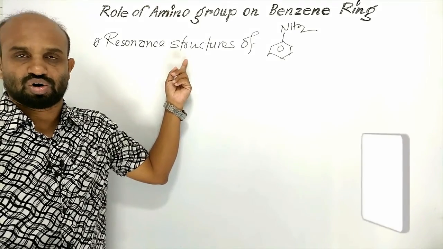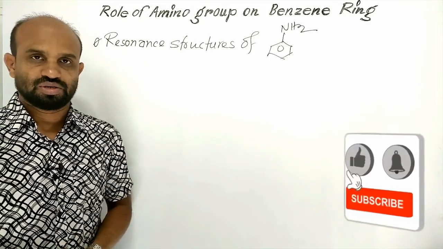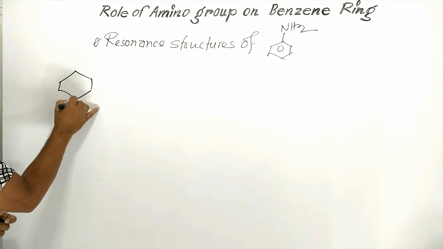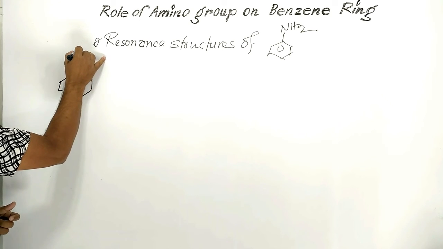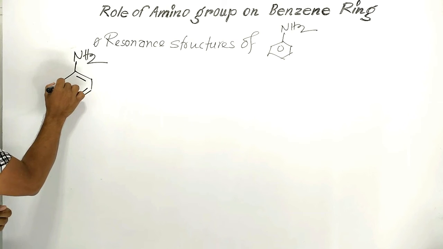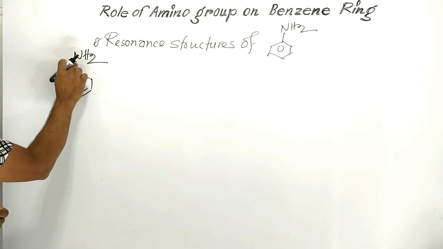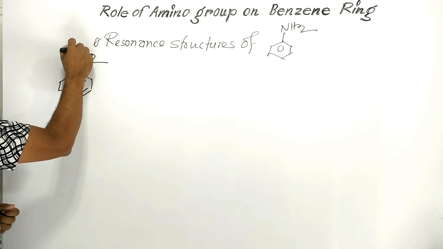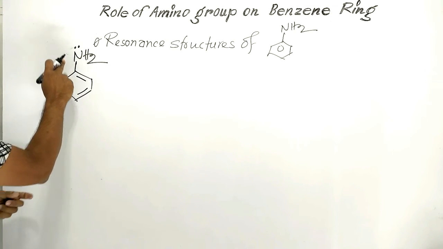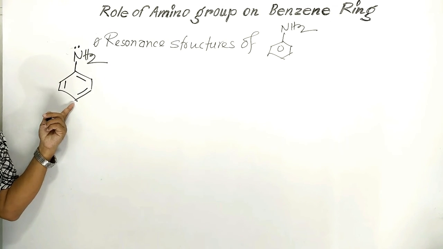Resonance structures of aminobenzene. Let's see. Double bond, here double bond. Nitrogen contains one pair of electrons. Here there are two moieties.